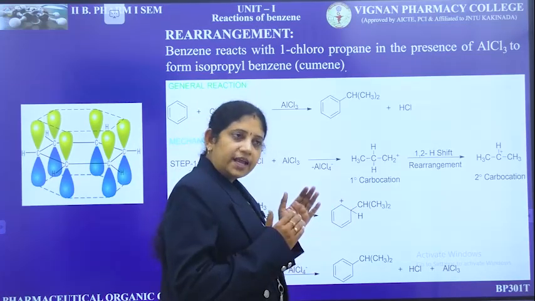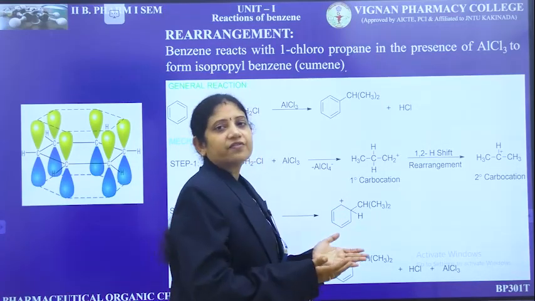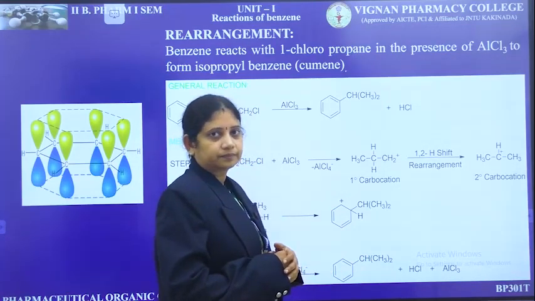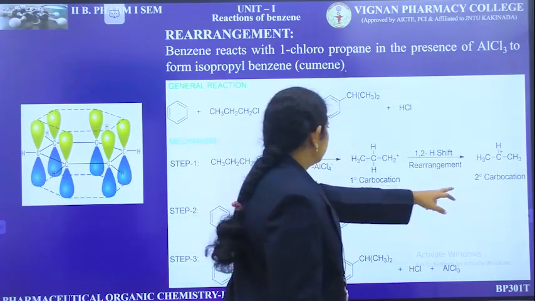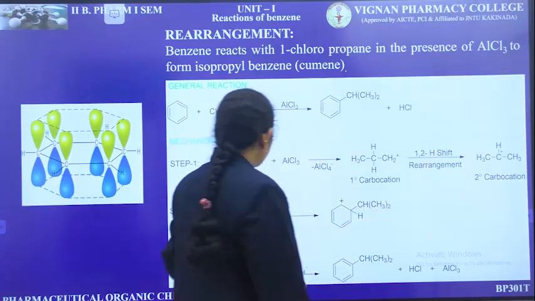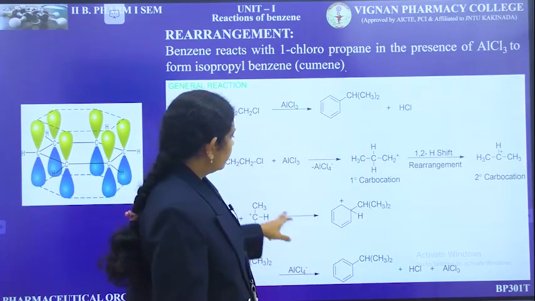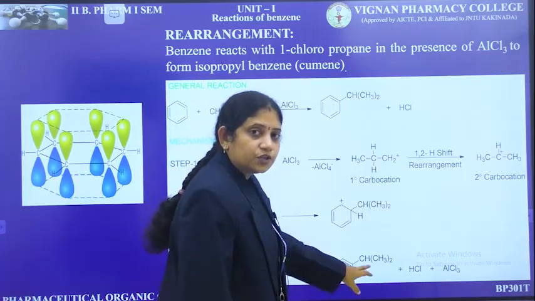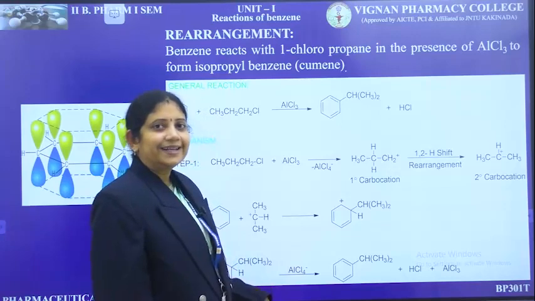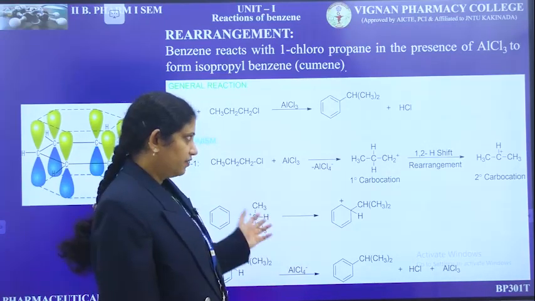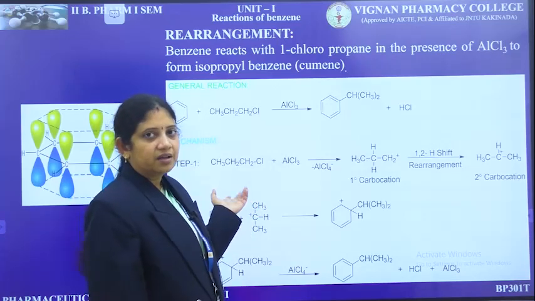If it is able to form the more stable carbocation, it will readily form the product. So that's why, with the help of the secondary carbocation, benzene forms isopropyl benzene instead of forming propyl benzene. That is the reason. This is one of the important reactions, the rearrangement in benzene.